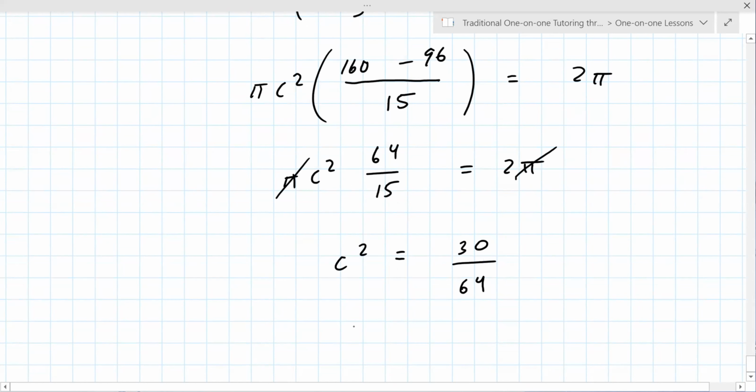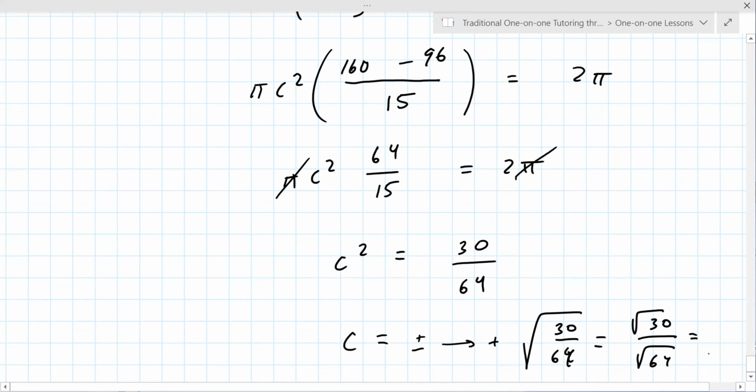And then square root of both sides. So C equals, you might think it's plus or minus, but C is always positive. Yeah, it says that. So it's just plus. If you can get this far, the rest of this is not anything to do with calculus, but it's just the square root of 30 over 8.